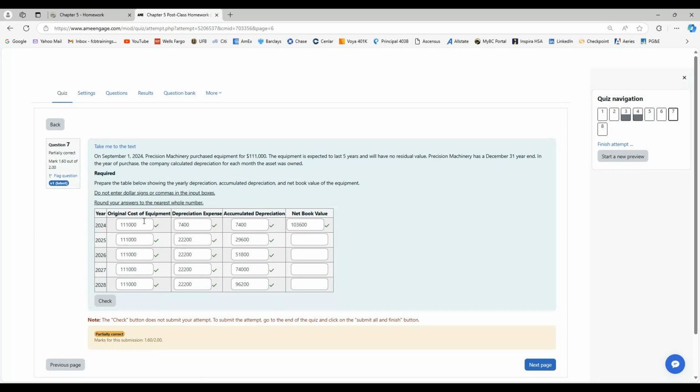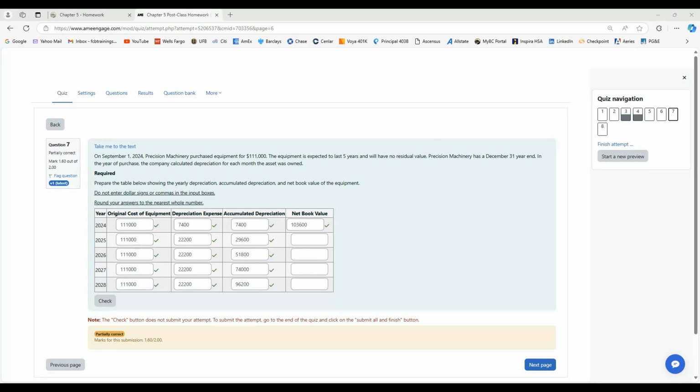So the original cost of the equipment is going to be just what they paid for it, $111,000. Then we divide that. There's no residual value, so it's minus 0. So 111,000 divided by 5 gets us 22,200 per year.